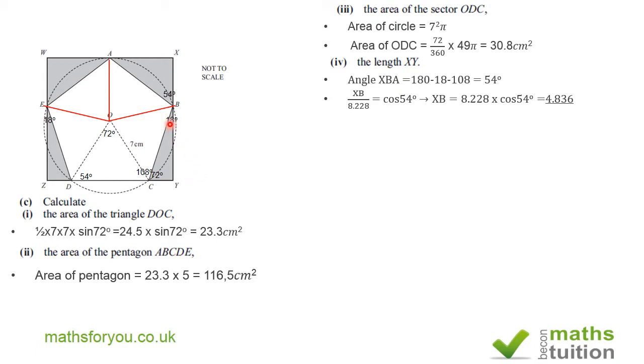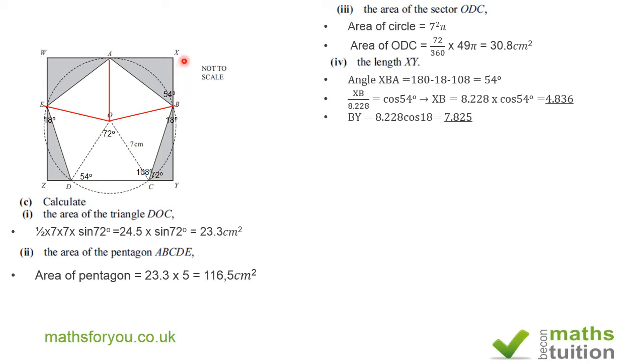We know this angle is 18 degrees, and we know the hypotenuse, which is 8.228. So in order to find BY, we do BY equals 8.228 times the cosine of 18 degrees, and that gives a value of 7.825, which is the value of BY.